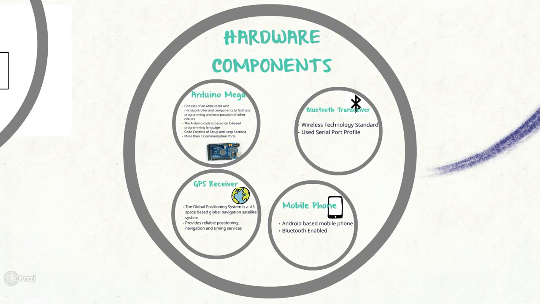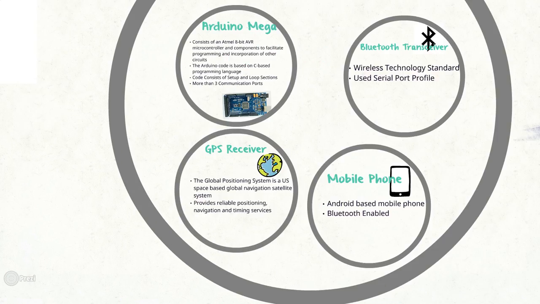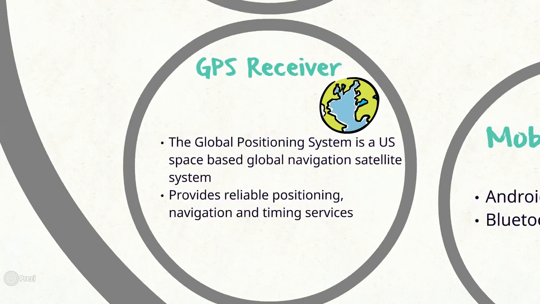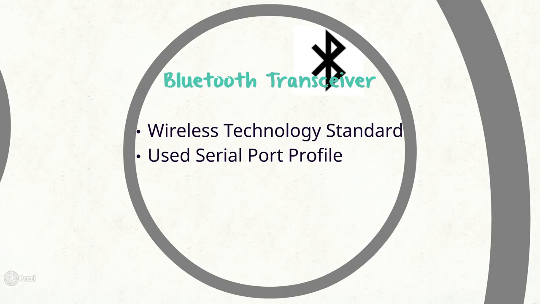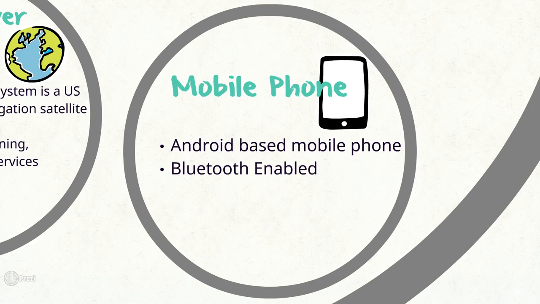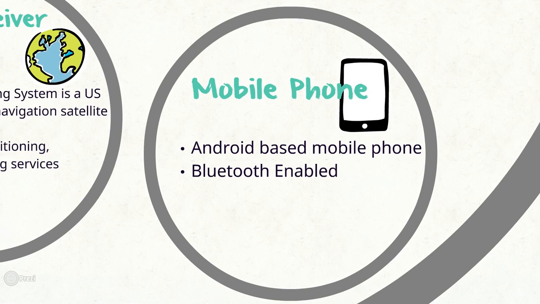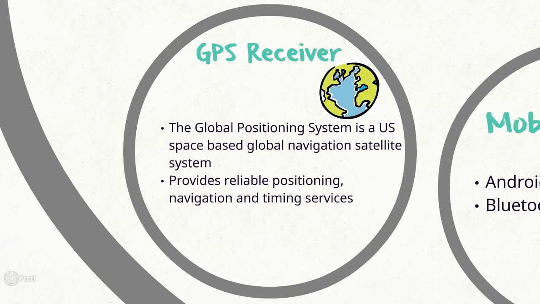The system consists of four major components: a GPS receiver, Arduino Mega board, Bluetooth transceiver, and Android-based mobile phone. GPS receiver. GPS stands for Global Positioning System. It is a US-based global navigation satellite system. It provides reliable positioning, navigation, and timing services to worldwide users.